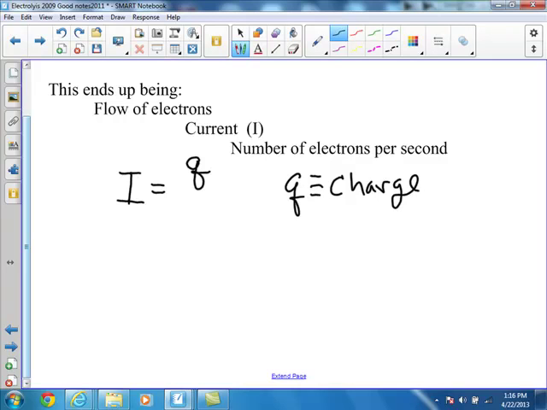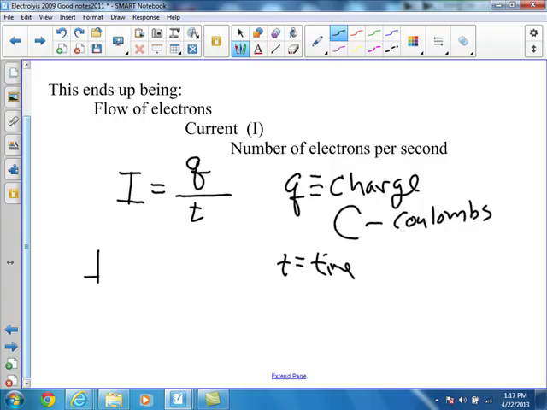C. That stands for Coulomb. Okay, so we have coulombs of charge divided by how much time that charge flows. So T is time. So the unit of current is coulombs per second.